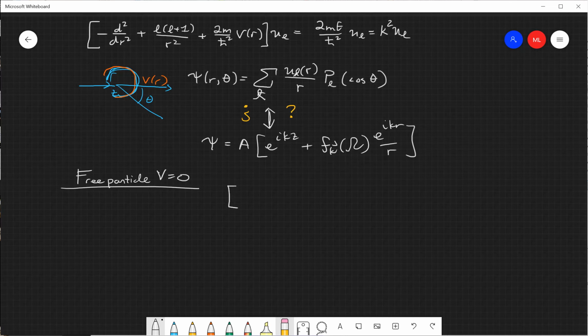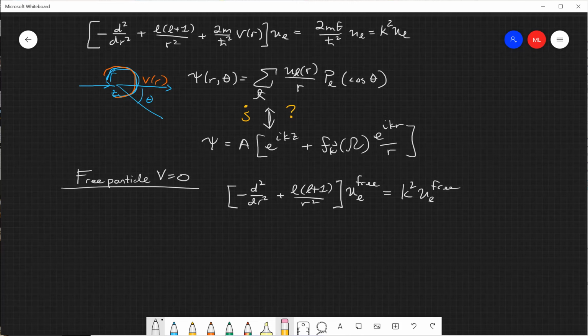If we don't have any potential, it's a little bit of a tricky equation, but the equation for u, so I'll call these u_l, these are for the free particles because there's no potential. This is a second order ordinary differential equation. It's got this 1 over r squared piece.